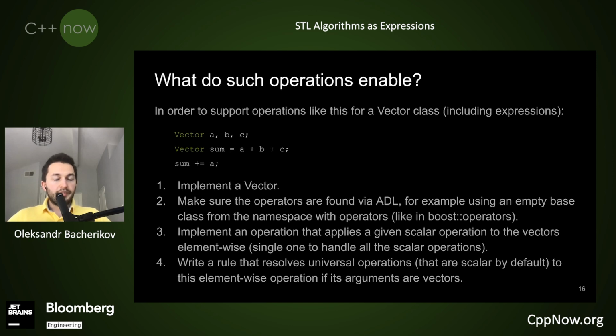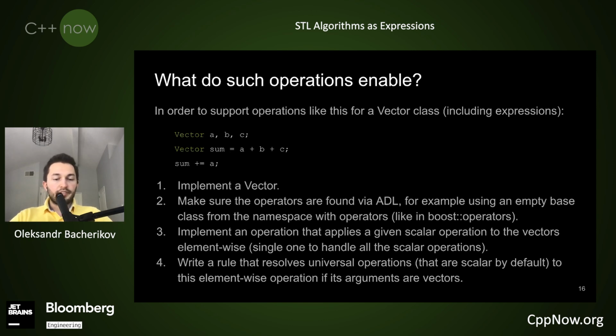Then we need to implement an operation that applies a given scalar operation to the vector element-wise. And this is just a single implementation to handle all the scalar operations. And you can think of it as something similar to views transform, basically the same idea.